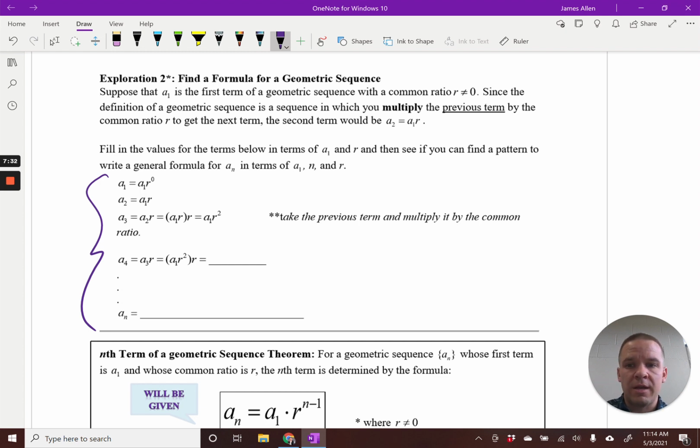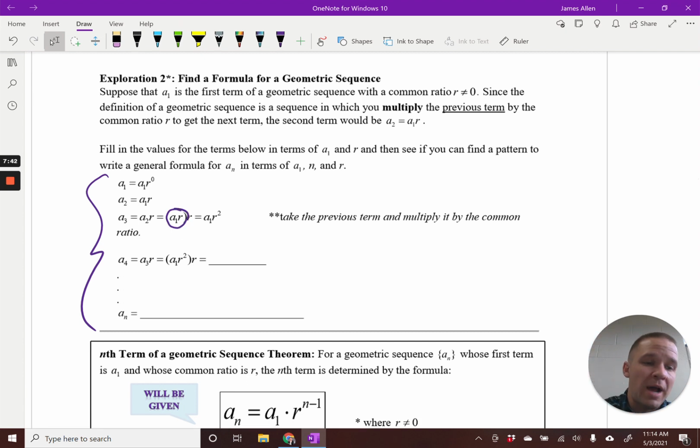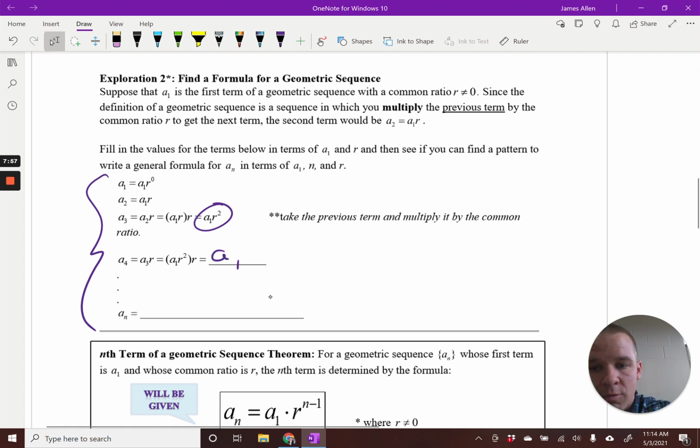And then to get a sub 3, I would do that previous term, a sub 1 times r, then multiply it by r again, which would give me a sub 1 times r squared, right? And then to get the next one, I would take that a sub 1 times r squared from the previous, multiply it by r again, which would be a sub 1 times r to the third.